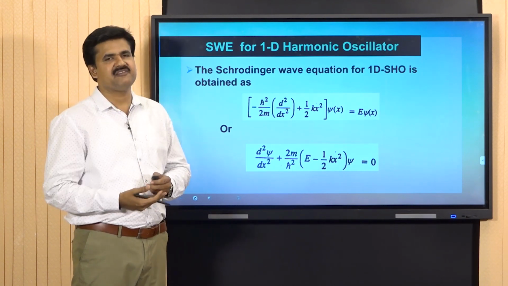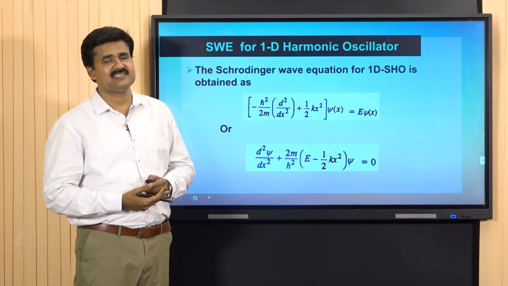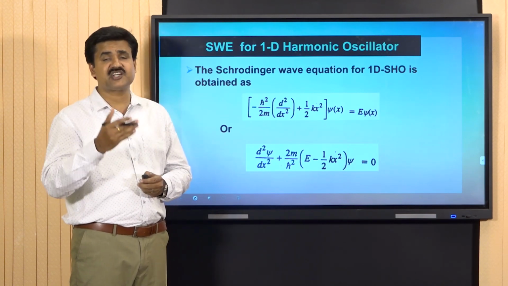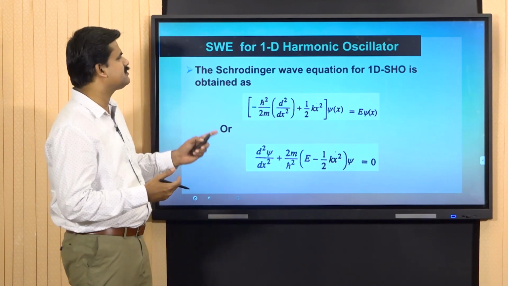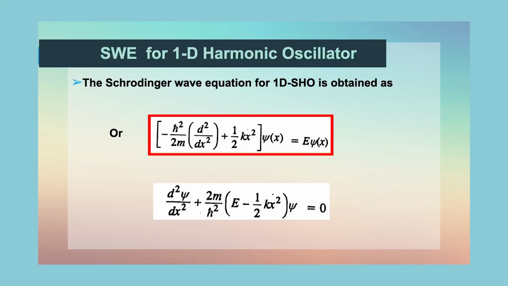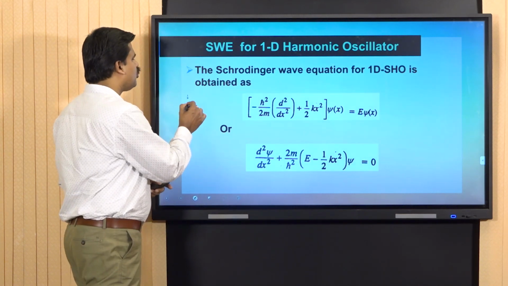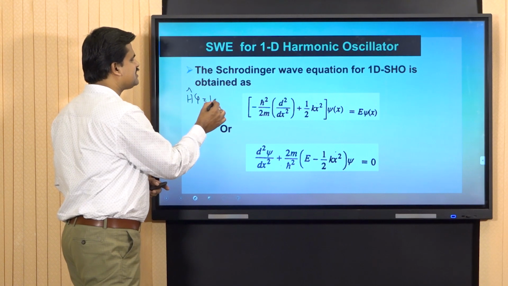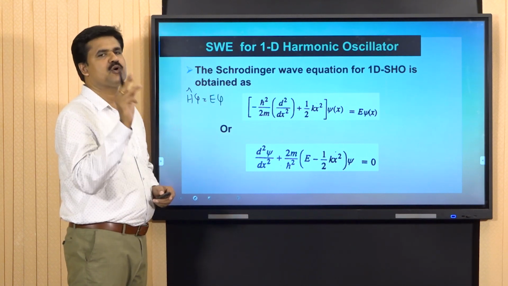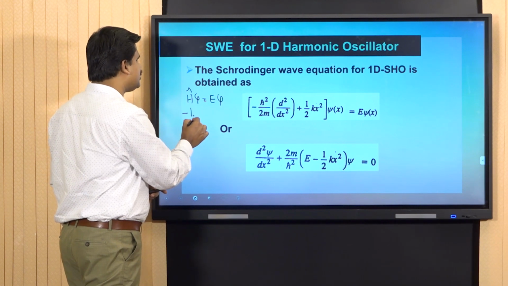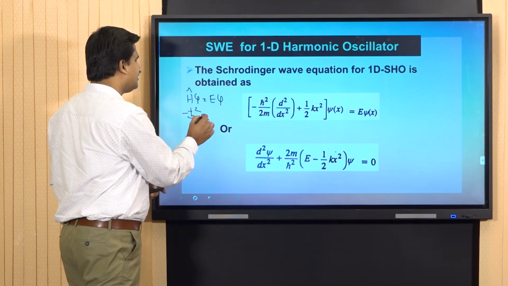And the Schrodinger wave equation for a simple harmonic oscillator that executes one-dimensional simple harmonic motion is given by minus h cross square by 2m d square by dx square plus half Kx square into psi(x) is equal to energy into psi(x). This is derived from the original equation, that is Hamiltonian psi is equal to energy into psi. For one-dimensional motion, the Hamiltonian reduces to minus h cross square by 2m d square by dx square plus V.